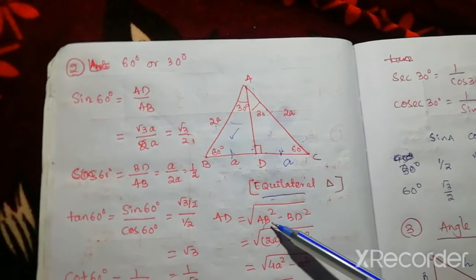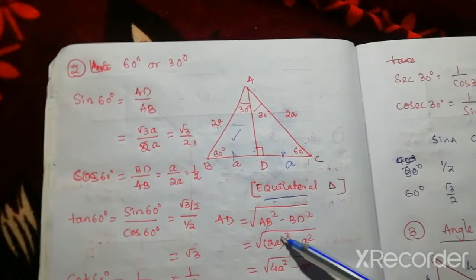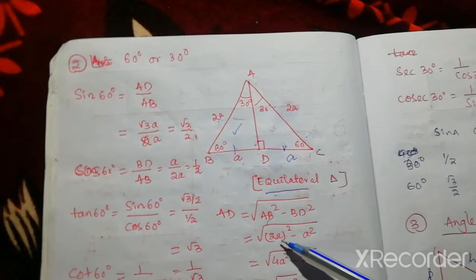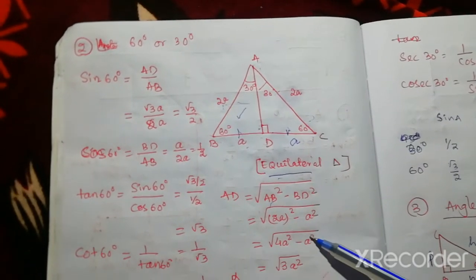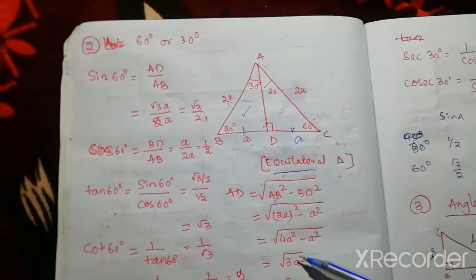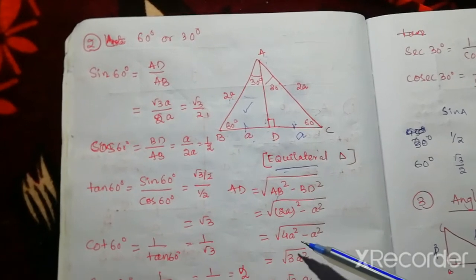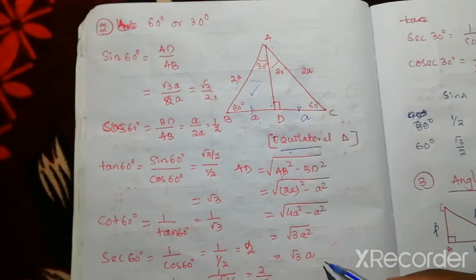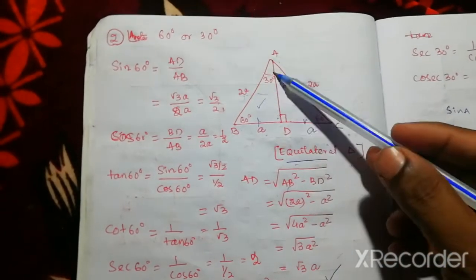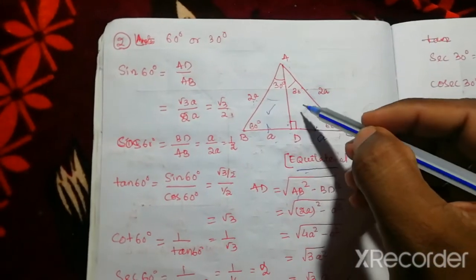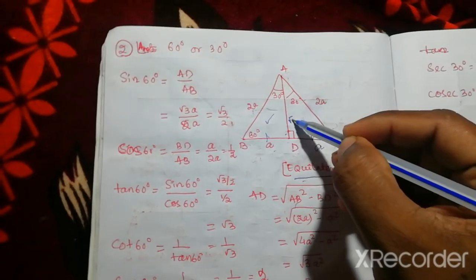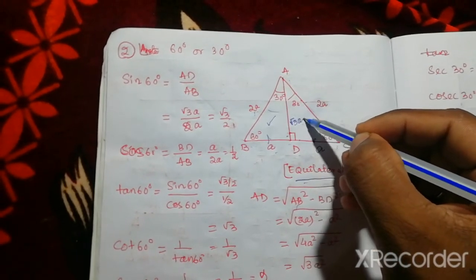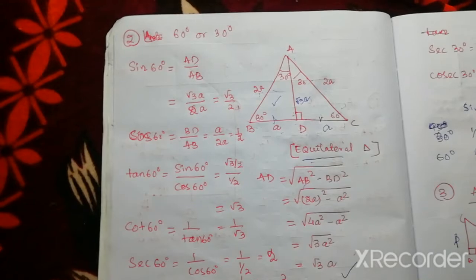AB is 2a, so 2a whole square minus a square, 4a square minus a square, 3a square, root over, which is root 3 a. So AD is root 3 a.